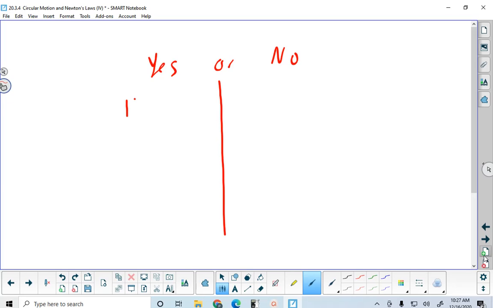Andrea and Liam say yes because they say there's another force called the centripetal force. I want input from everybody here. Is there another force acting on the ball? Yes or no? Okay, Liam changed to a no, but Ben says yes.